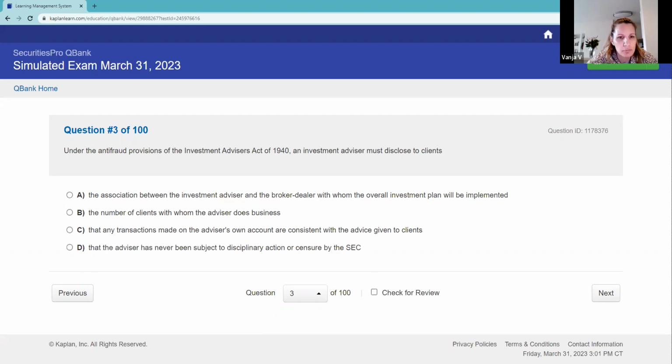That any transactions made on the advisor's own account are consistent with the advice given to clients. If he does one but not the other, then he does have to disclose. That the advisor has never been subject to disciplinary action or censure by the SEC. The investment advisor must disclose the relationship.